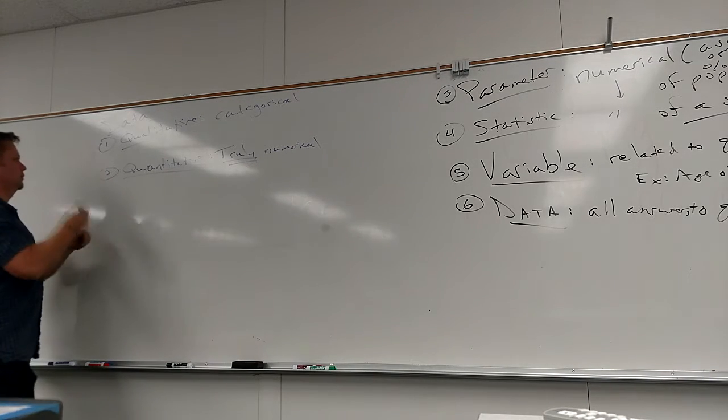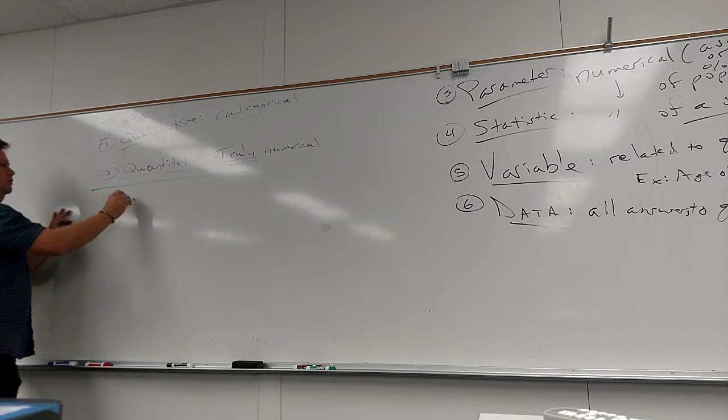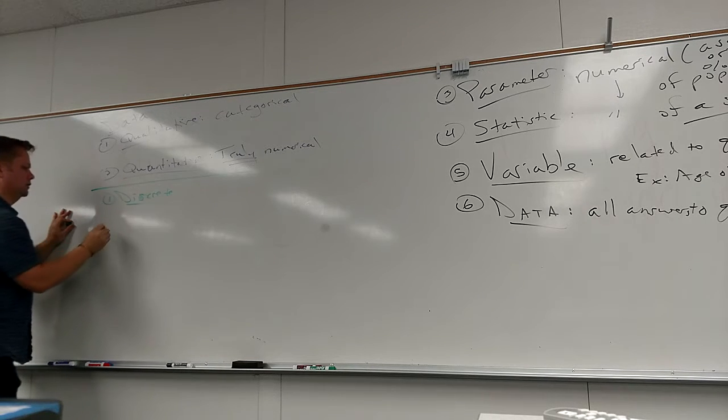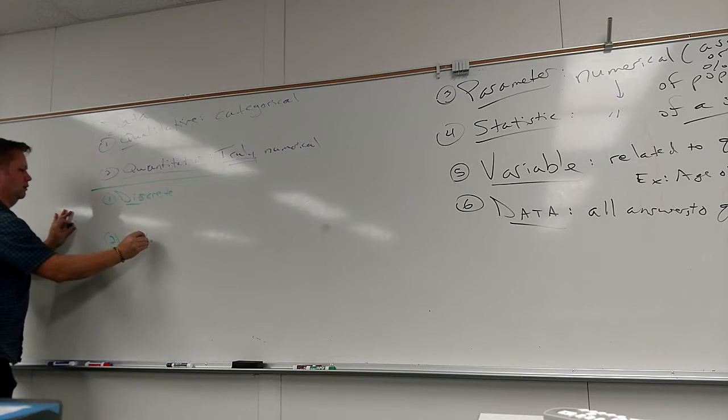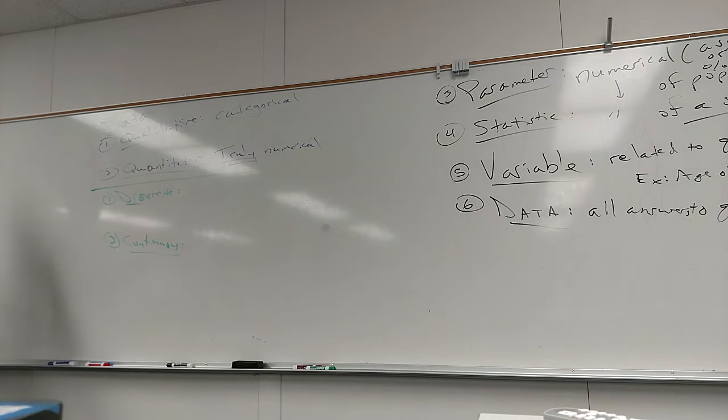Here's another level: discrete versus continuous. Some data that's continuous would be data that could be any number.